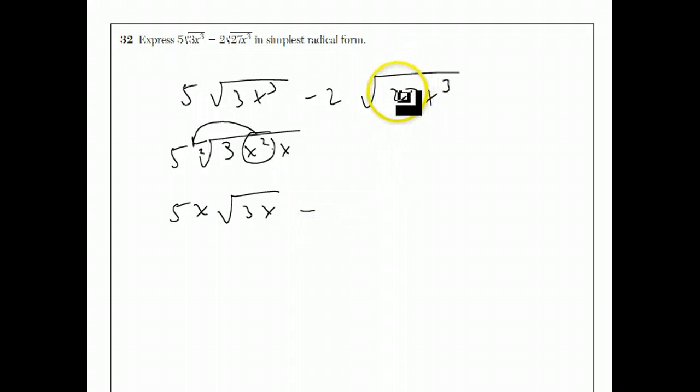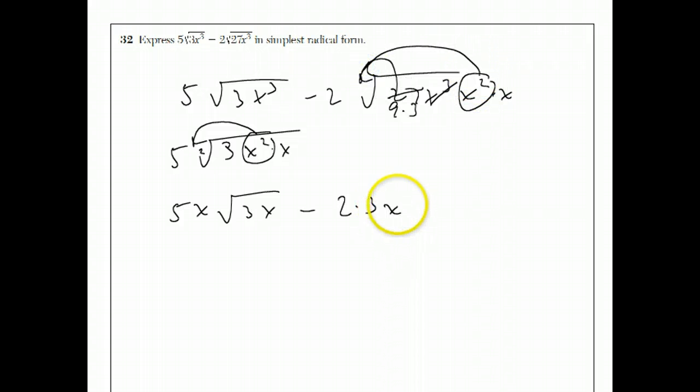Now this 27 can be rewritten as 9 times 3. The 9 can come out as a 3. This x cubed can be turned into x squared times x, and the x squared could come out as an x.